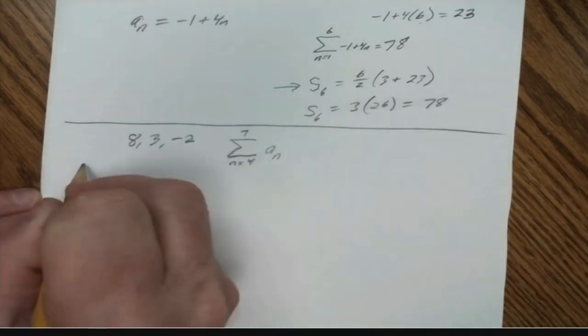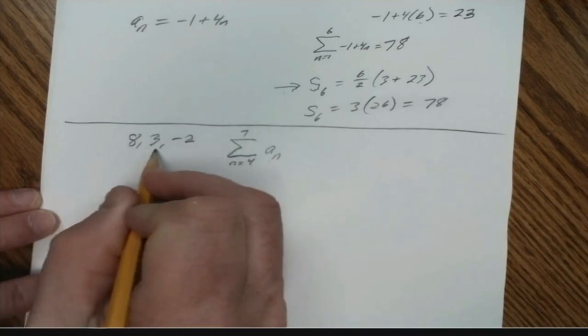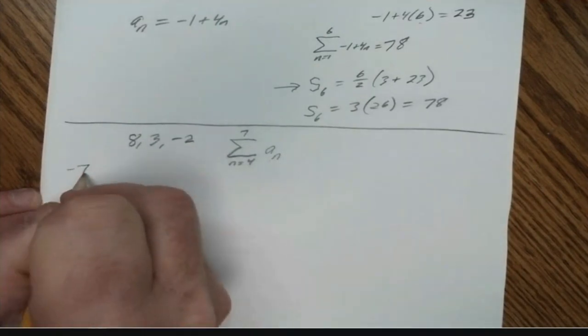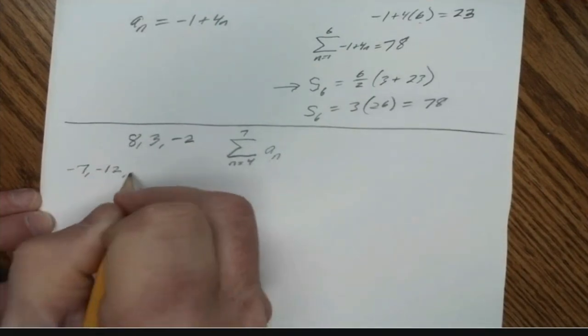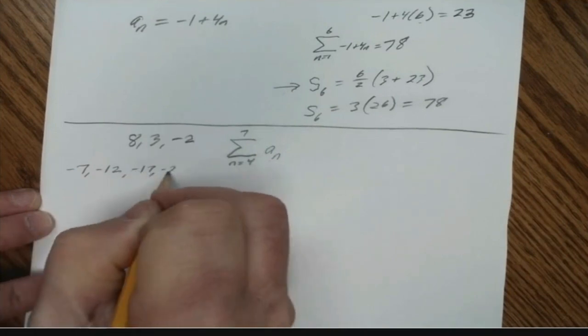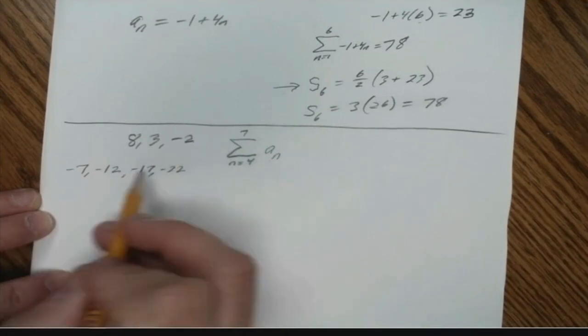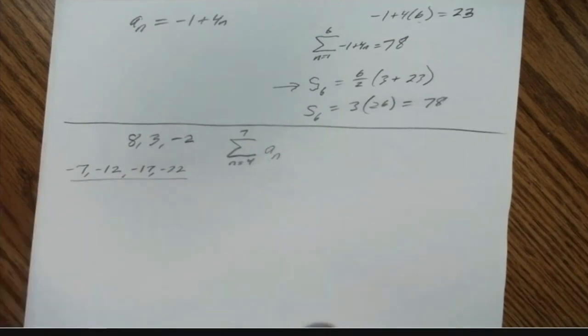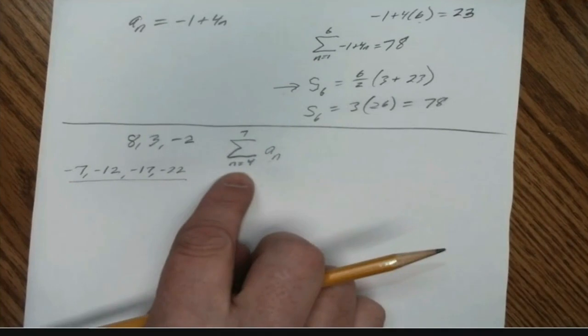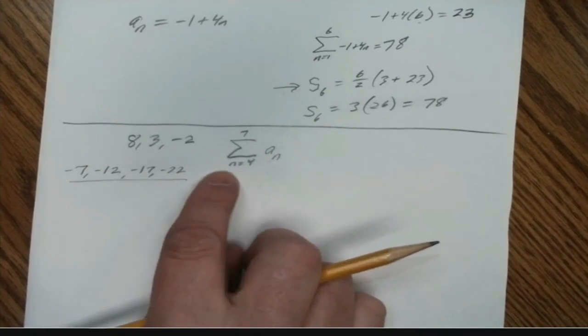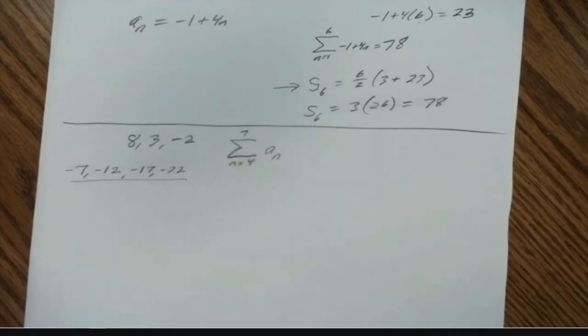So the 4th term would be -7, -12, -17, and -22. We can just add those 4 up and get an answer for that one. That's not so bad. But what do we do if it's something more difficult than that? Because this one's just those terms, 4, 5, 6, and 7.